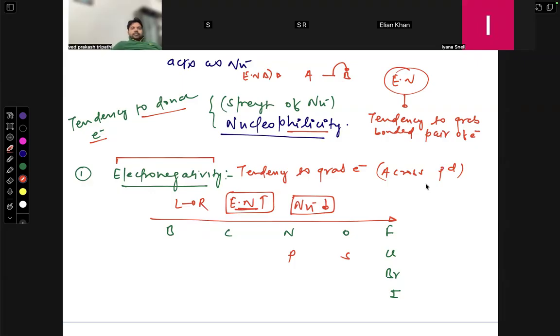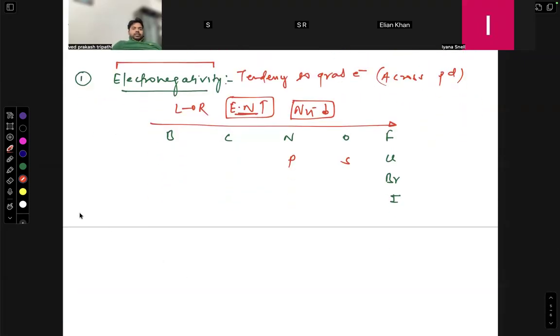Okay, now the next, size, second. You can always consider size in same group element, same group. This movement is called group movement, left to right is called period movement. Okay, this is group.